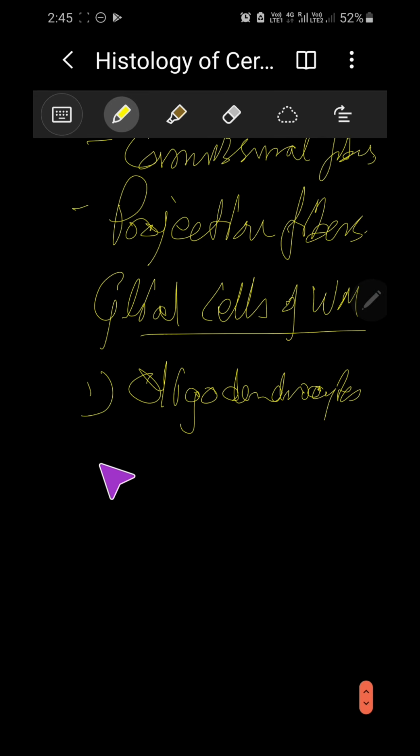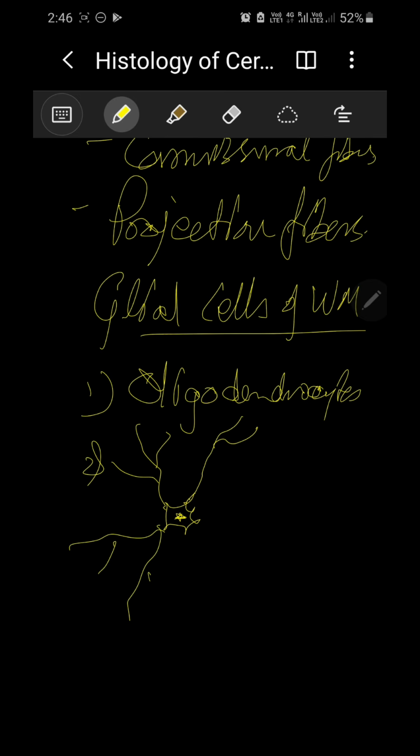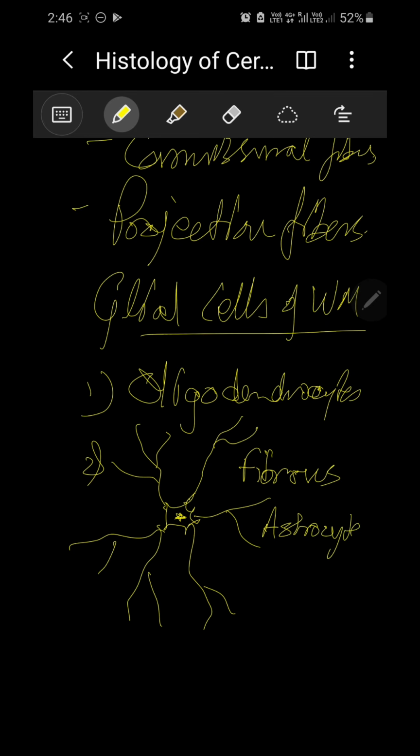Then the other important thing here is the astrocytes. Now there are two types of astrocytes in the glial tissue. These are called fibrous astrocytes, right?